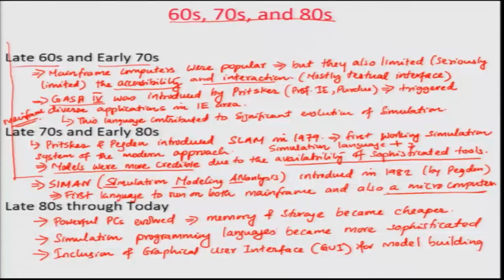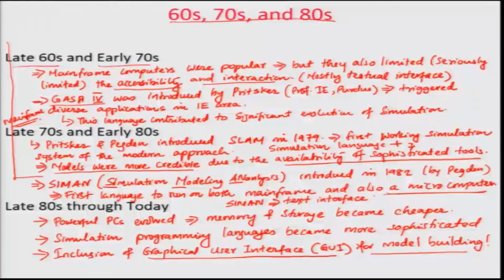So, this is the major advantage of Insight that happened: the GUI. Even Simon is a textual software. Okay. Simon had a text interface. Insight is when we started seeing the GUI based systems.